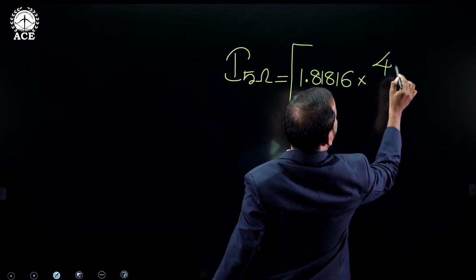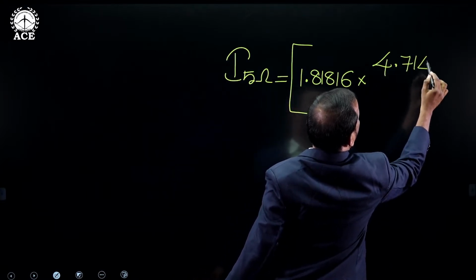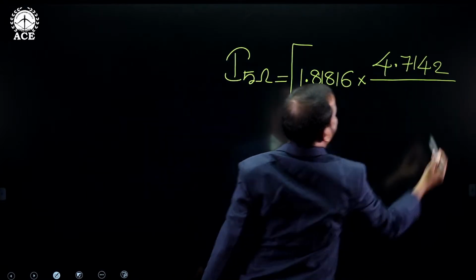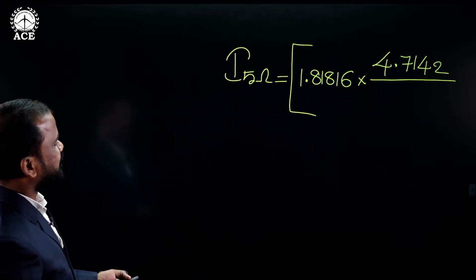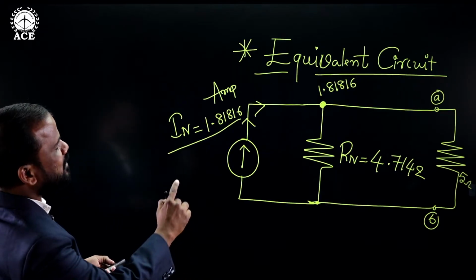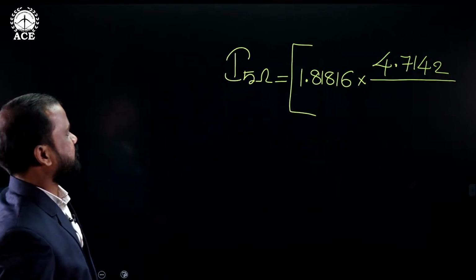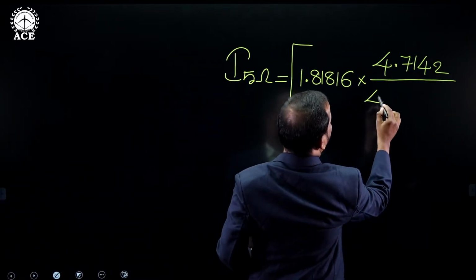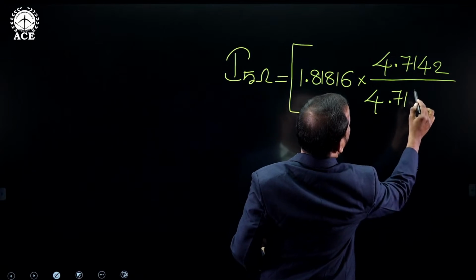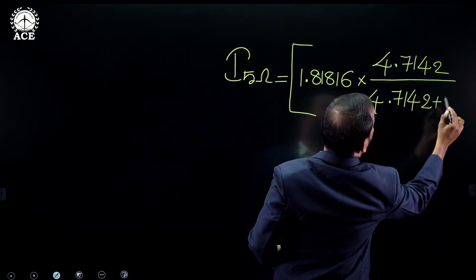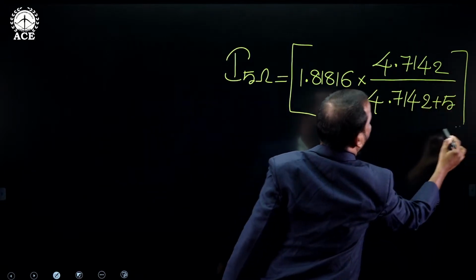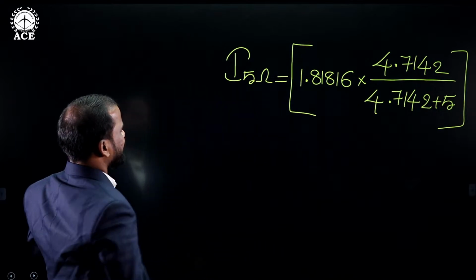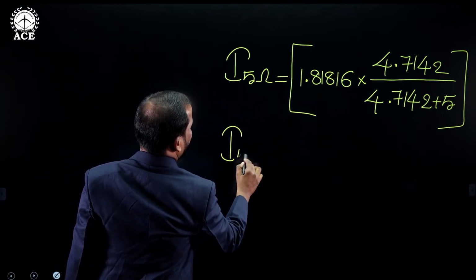So 4.7142 is the opposite resistance, divided by the sum of resistances or total resistance. Total means what? 4.7142 plus 5. Okay, so now our target is to find this value.